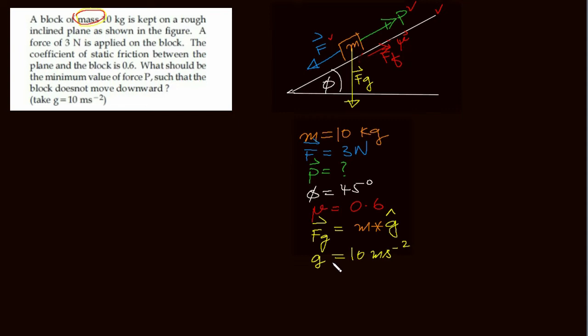So usually g is 9.8 meters per second square, but I think to help the students do this problem quickly, they have given the value 10 meters per second square.